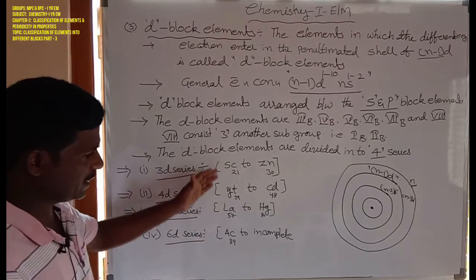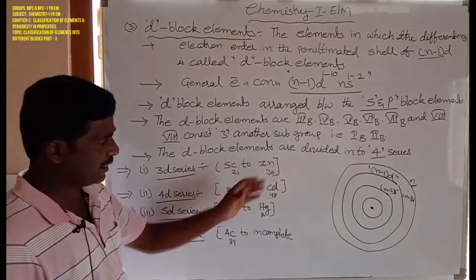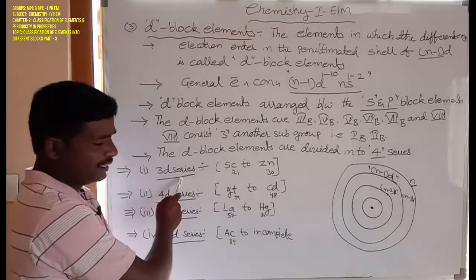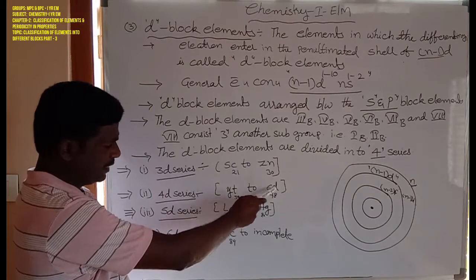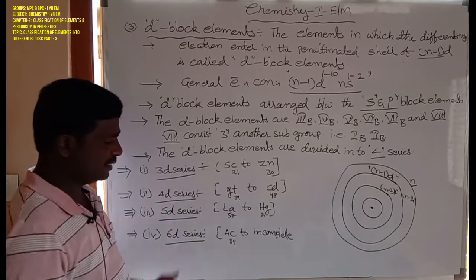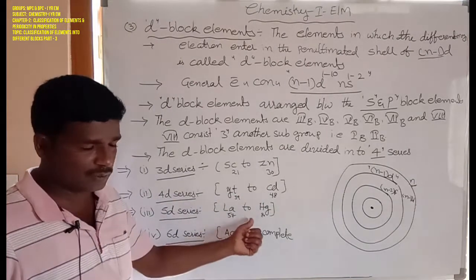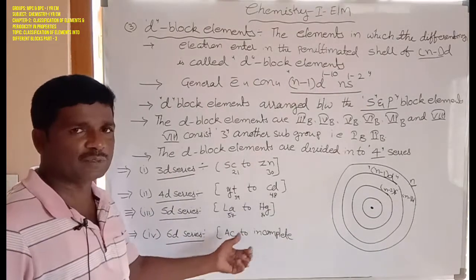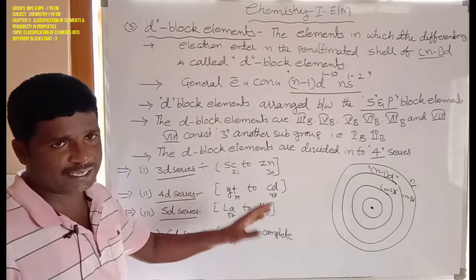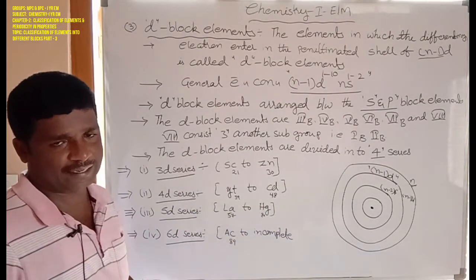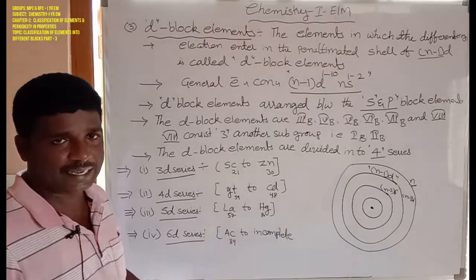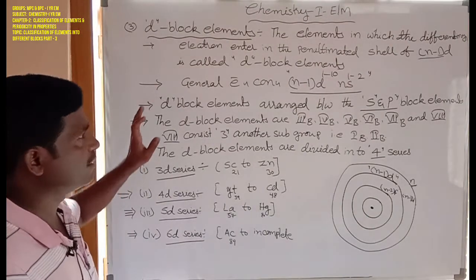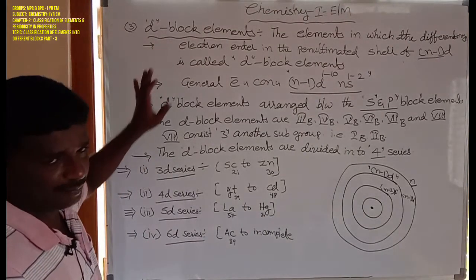Scandium to zinc is the 3d series, yttrium to cadmium is the 4d series, the 5d series consists of lanthanum to mercury, and the last one, the 6d series, consists of actinium onward, incomplete. Each series consists of 10 elements in the d block.